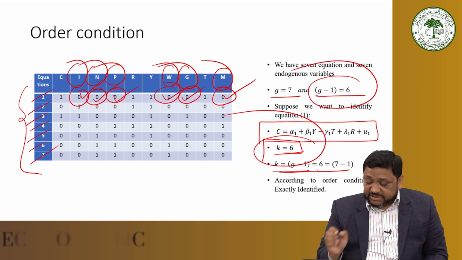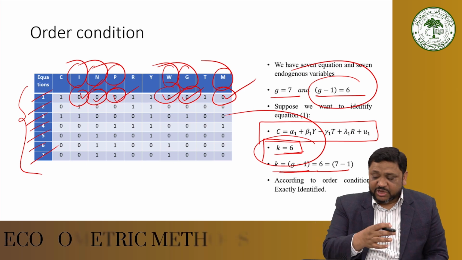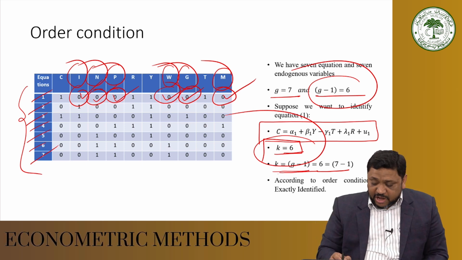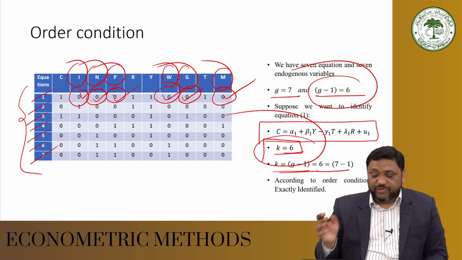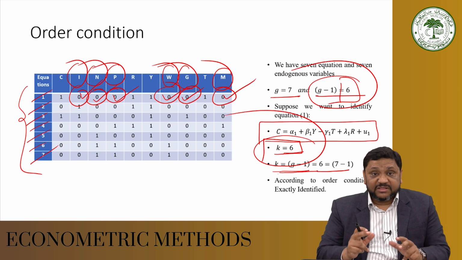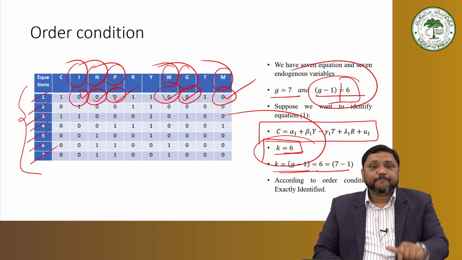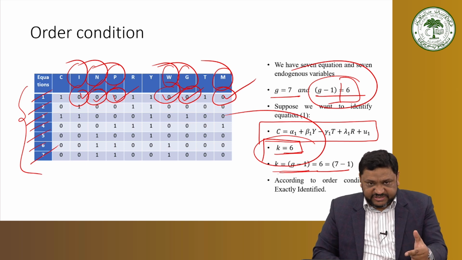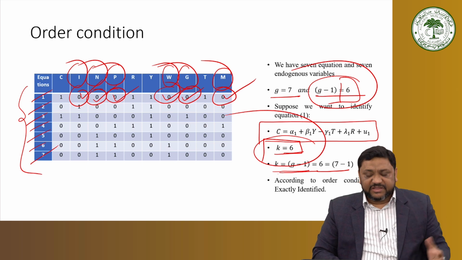And what is your G? G is the total number of equations and the endogenous variables. So now G is equal to 7 and G minus 1 is equal to 6. And how many variables are there in the system of equations which are not present in that particular equation of C, but are present in the remainder of the equations in the model?